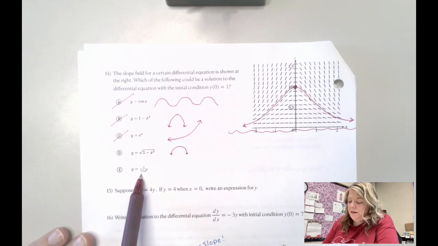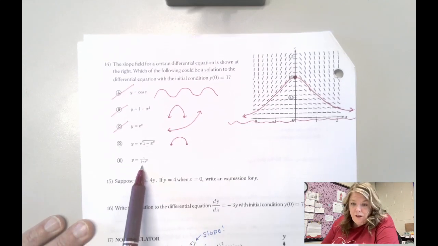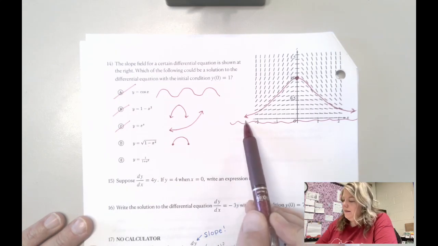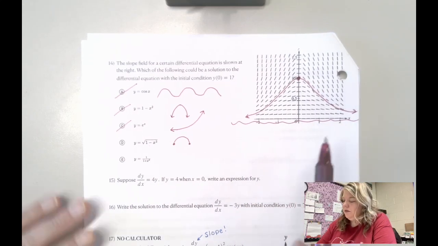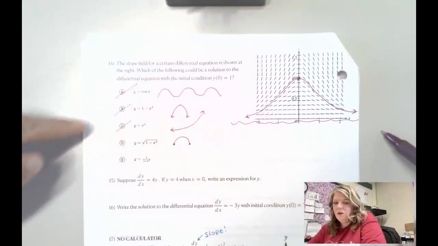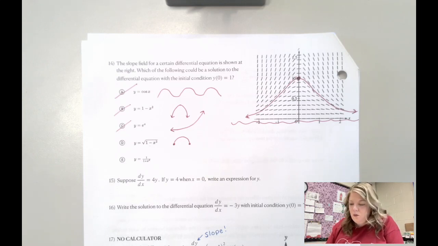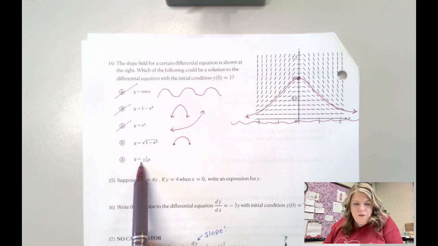But this one, I have no idea what this graph looks like off the top of my head: 1 over 1 plus x squared. But this idea of there being an asymptote, where my tangent line is going totally horizontal or close to horizontal, means that my y can never equal 0, or my y is going to keep approaching 0. It's going to keep getting tinier and tinier, but it can never equal 0. Well, think about the way this function works.